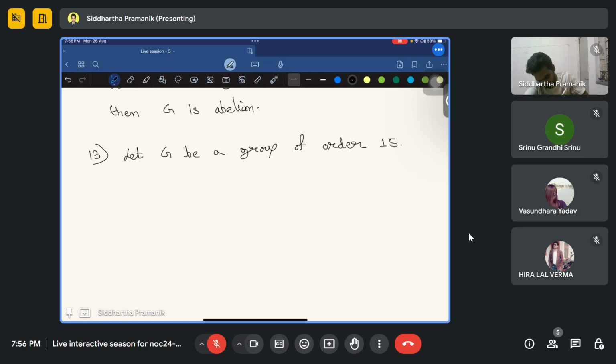Then what is the order of the center of the group?